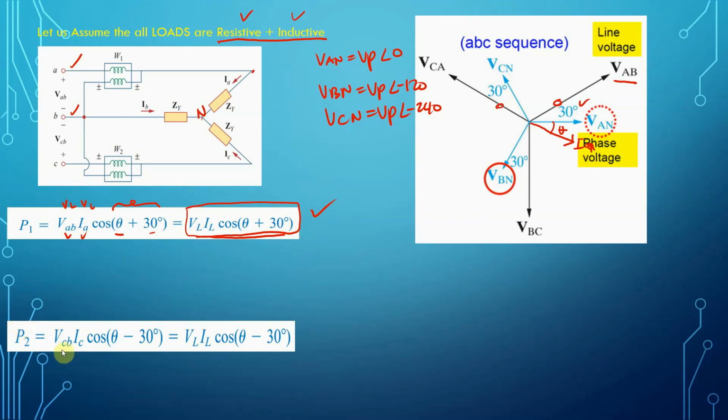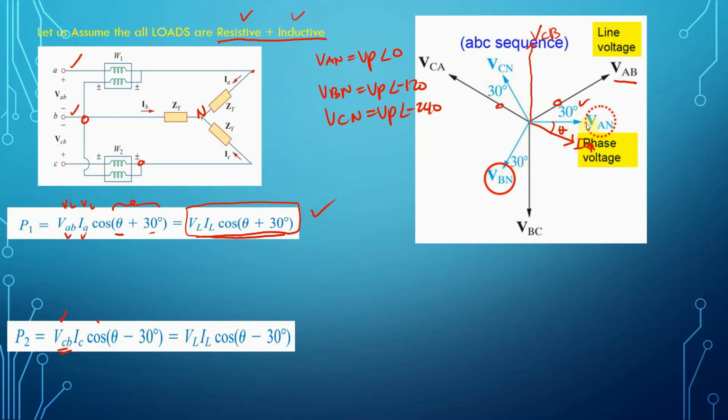Okay? Now, let us go to our wattmeter 2. Wattmeter 2 has the voltage coil VCB. So, we have VCB multiplied by IC, which is also a line current. And what is the phase angle between them? Of course, the VCB is on the other side. Let me just draw it. This is our VCB, okay?